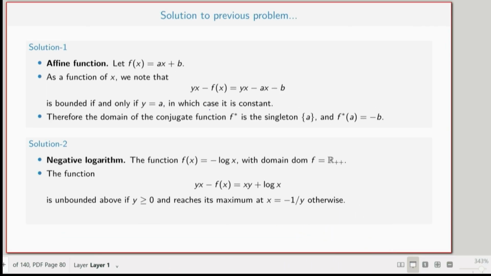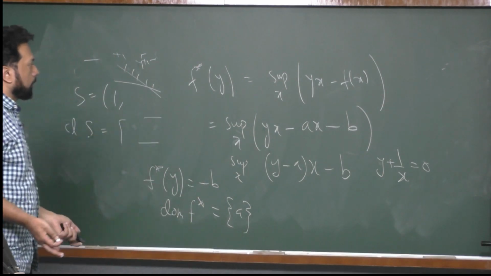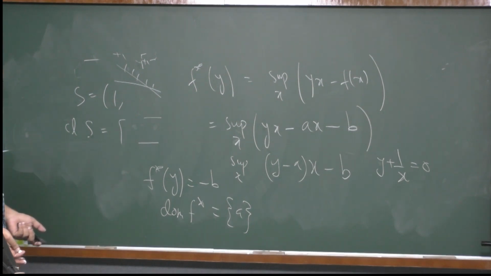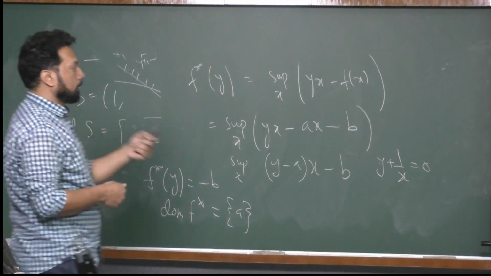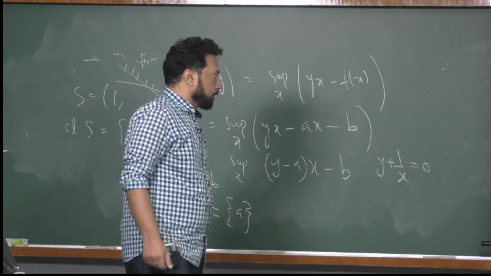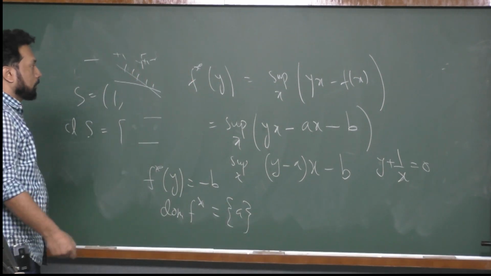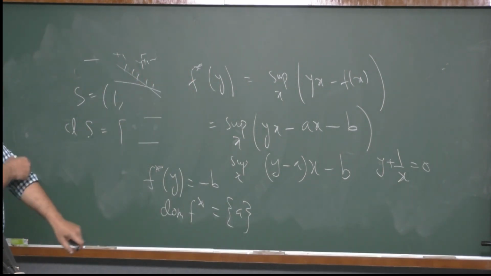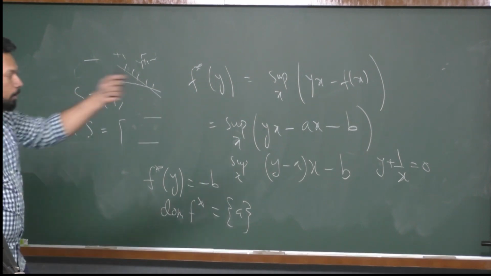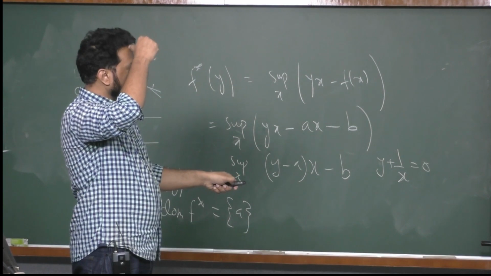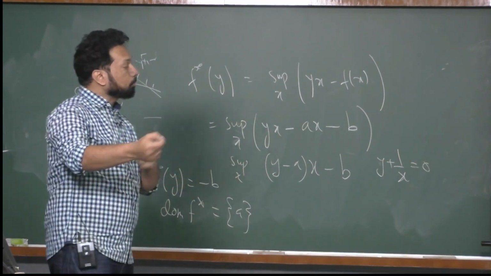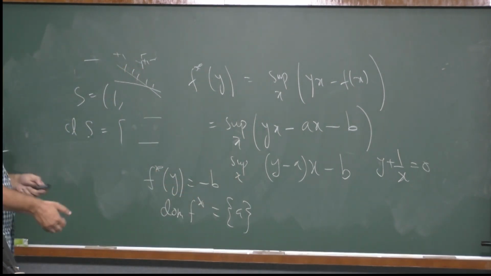From here, if we solve for x, we get it to be minus 1 over y. So for that minus 1 over y, you have the supremum achieved for those y which are less than 0. You have to put this back in, because that's where the supremum is achieved, and the output that you get is the supremum.